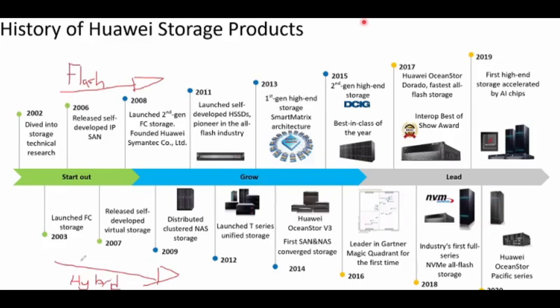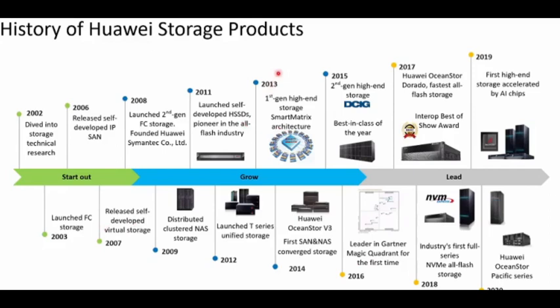Hybrid storage, you can use HDDs and SSDs, right? So yeah, Huawei is actually quite powerful in the storage market. A lot of people don't know. I think Huawei is currently still leading in terms of performance. We'll see that later on, don't worry. We'll go through both tracks: all-flash first, and then the hybrid storages one by one.